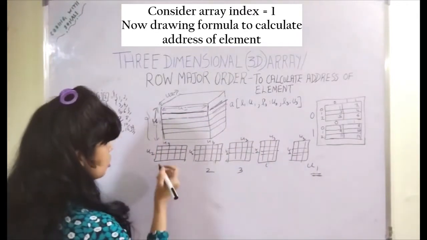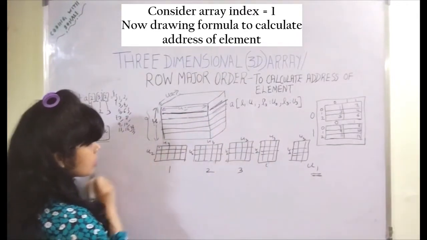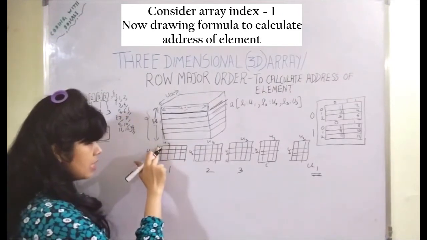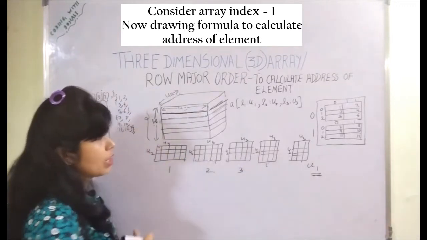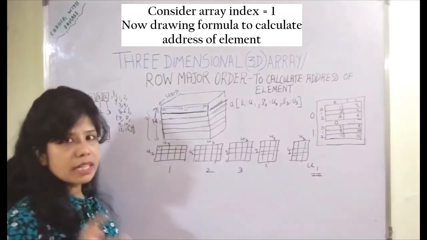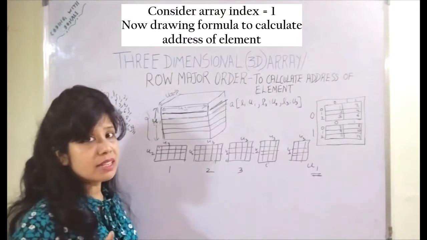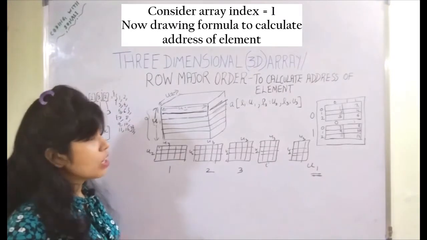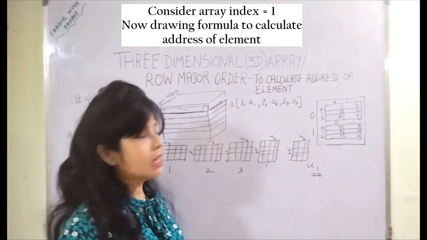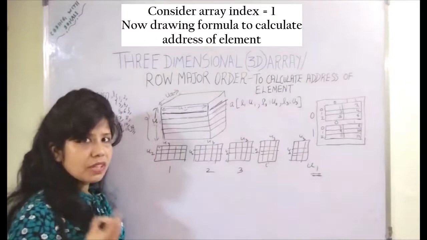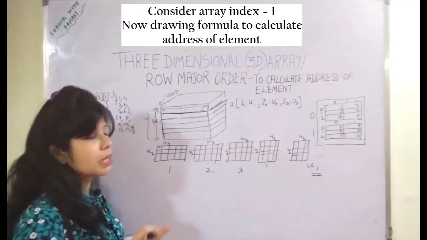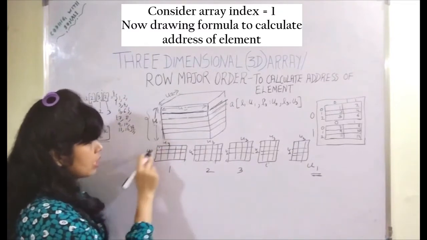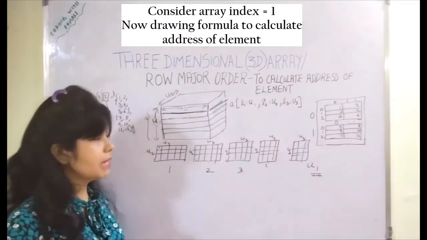Let us see, if we know the address of this element. What is the address of this element? It is the first element in your entire 3D array, and we know the base address. It is the address of the first element of the array. Whatever array it is, 1D, 2D or 3D, the address of the first element will be the base address. This element, which I am representing by a dot, gives me the base address.